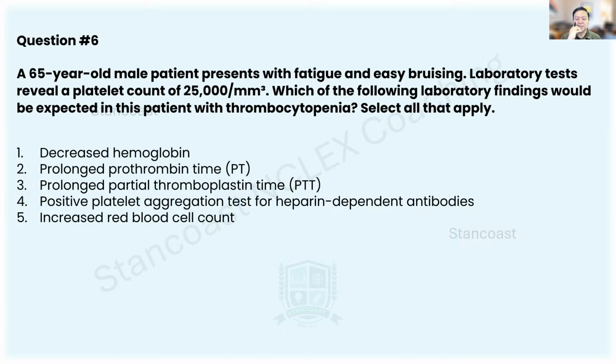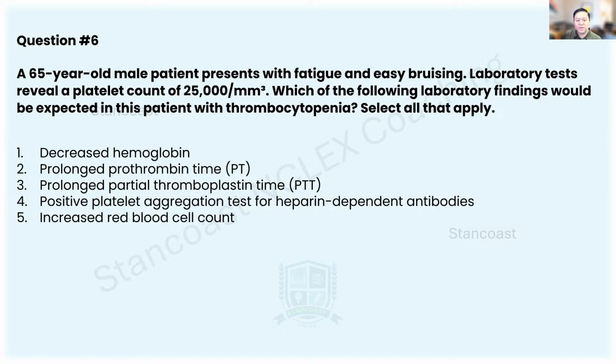Question number 6. A 65-year-old male patient presents with fatigue and easy bruising. Lab tests reveal a platelet count of 25,000 per cubic millimeter. Which of the following lab findings would be expected in this patient with thrombocytopenia?